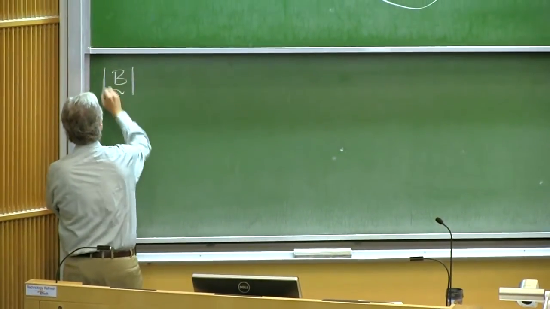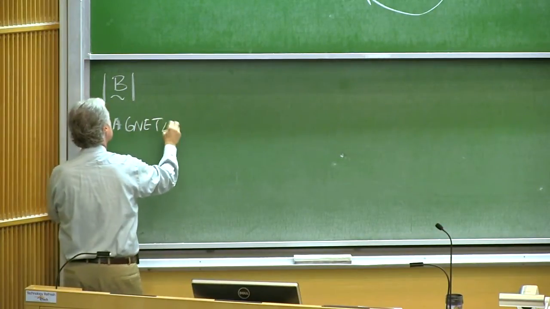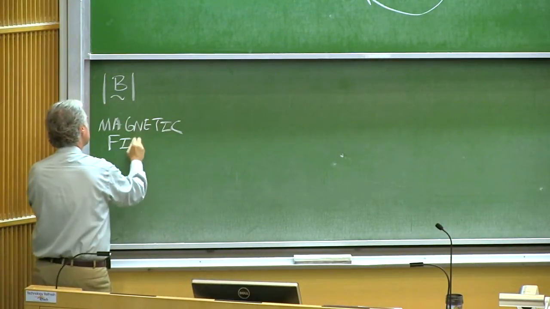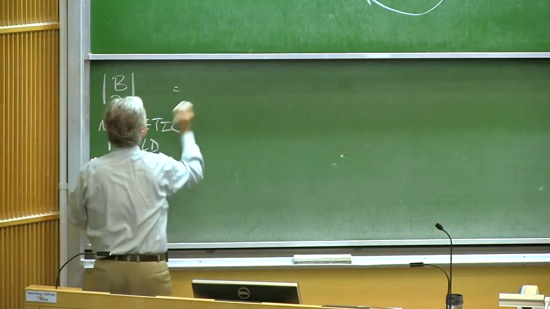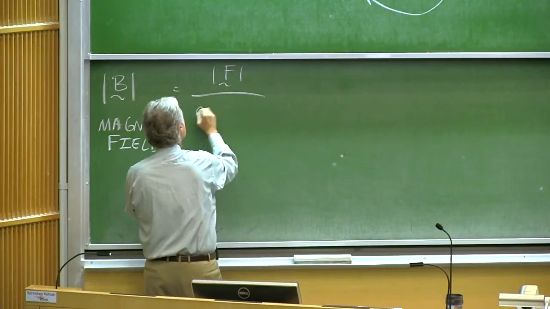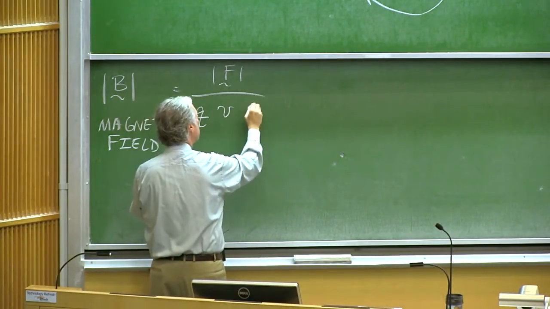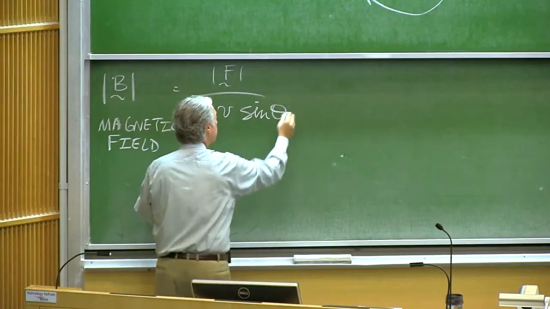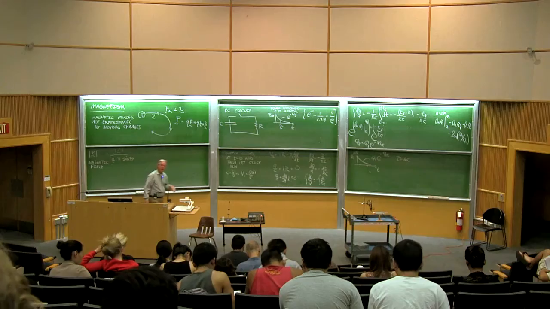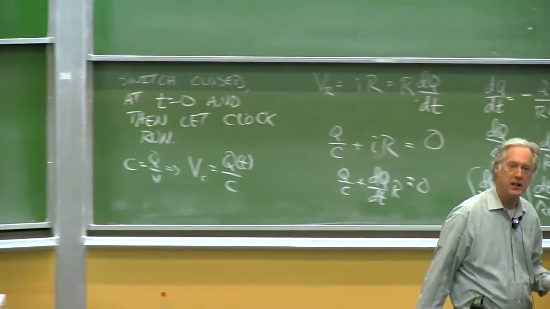The magnitude of B, this is the magnetic field, is equal to the magnitude of the force per unit charge per meter, and has the angular dependence in it from the cross product. That's the definition of the magnetic field.